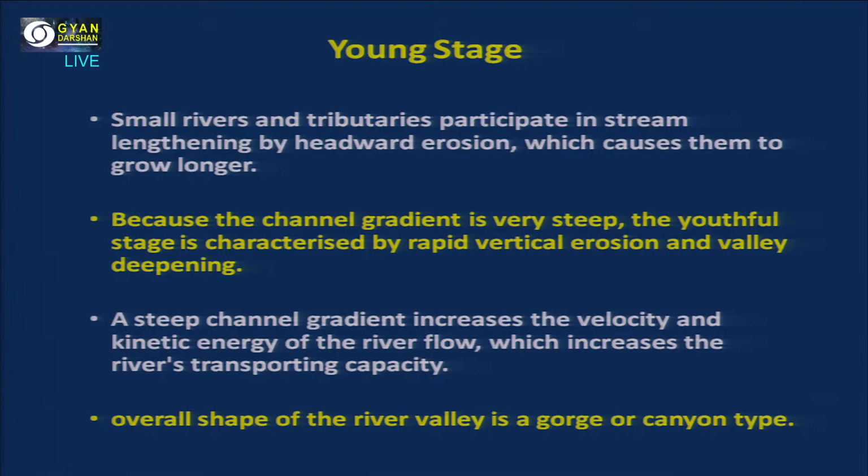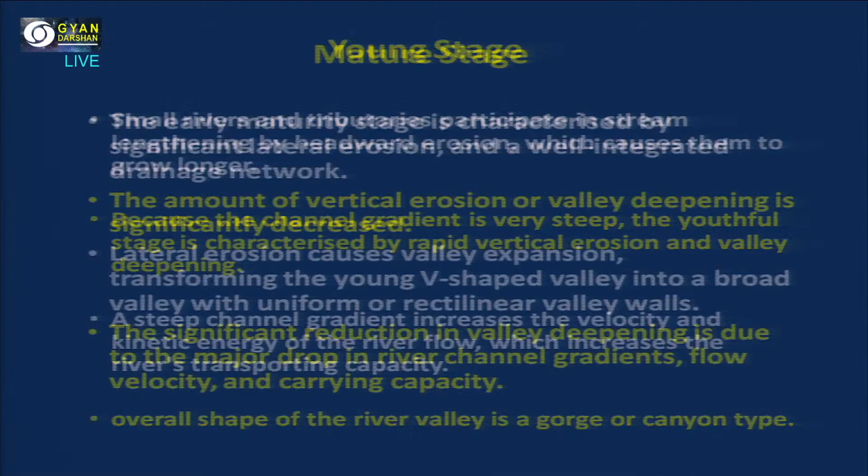And since the channel gradient is very steep, the youthful stage is characterized by rapid vertical erosion and valley deepening. A steep channel gradient increases the velocity further, and also the kinetic energy of the river flow, which increases the river's transporting capacity, and the overall shape of the river valley is gorge and canyon type.